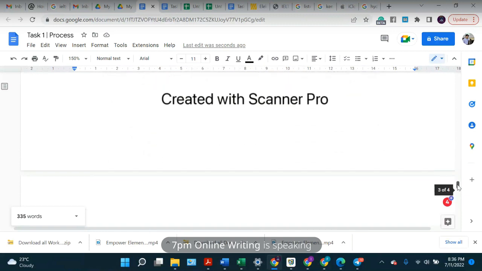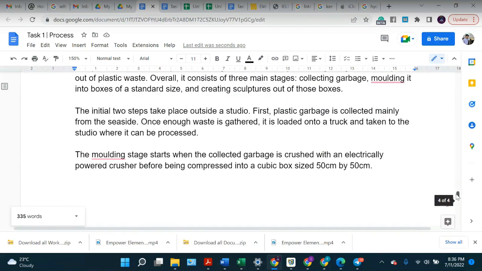All right. Again, I would write 350. I mean, in the exam, right? Yeah, in the exam. I don't care if they give me a low score. I like to be right. The cubic box size 50 by 50. Yeah, it doesn't really matter. I think it's fine.